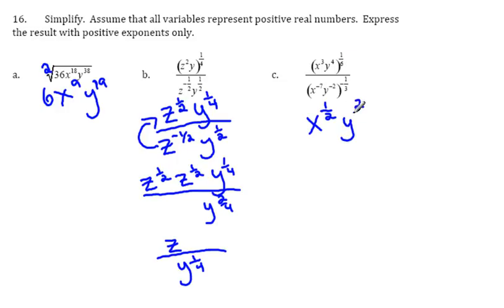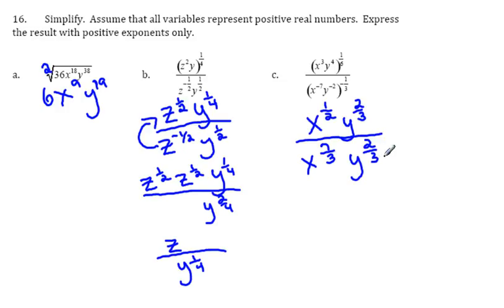I may still at the end need to go back and make things have the same denominator. Okay, x to the negative 7 times negative 1/3 is x to the positive 7/3. That's going to need to cross the fraction bar. And then y to the negative 1 times negative 1/3 is y to the positive 2/3.